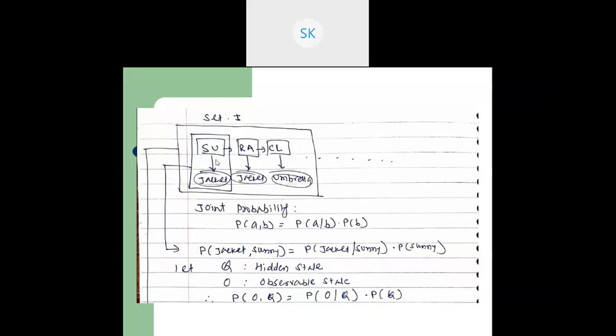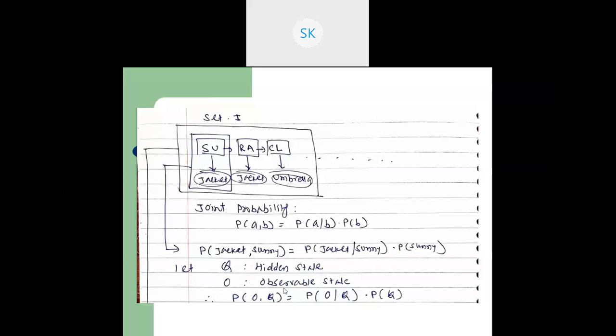The joint probability of jacket and sunny is equal to probability of jacket by sunny into probability of sunny. This particular line uses the concept of joint probability: A comma B is equal to A by B into B.